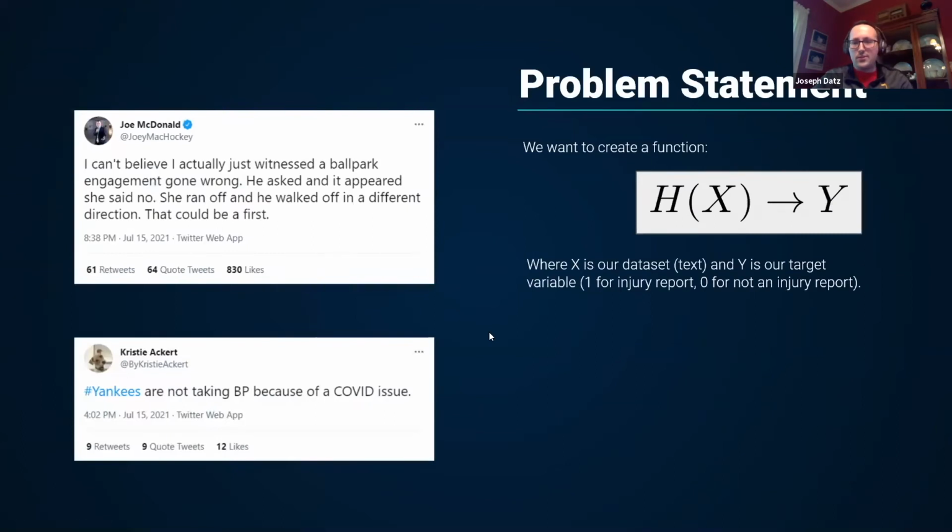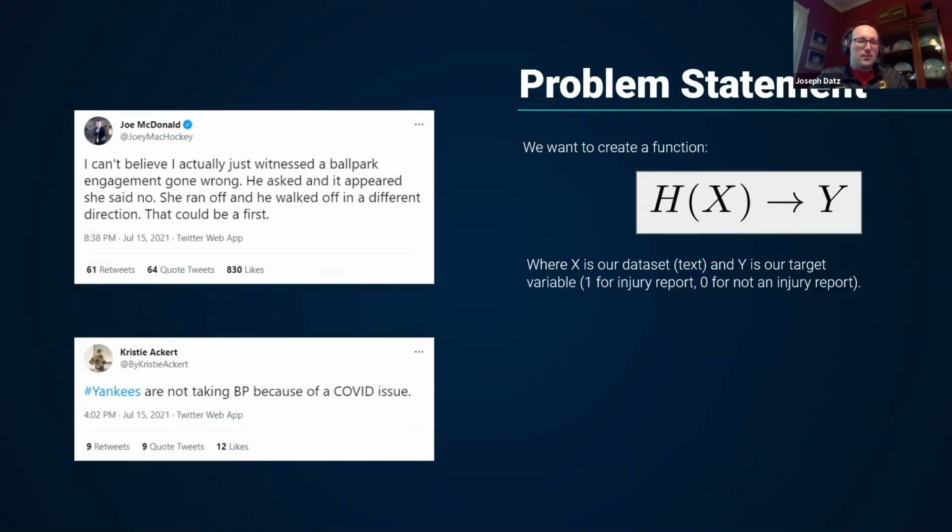So, on the surface, our problem looks like a supervised machine learning problem where we want a function that takes in a piece of text from a tweet and then returns 0 for this is not an injury statement or 1 for this is an injury statement.